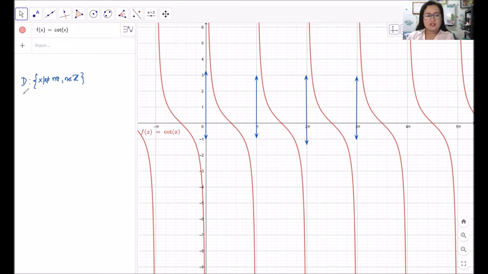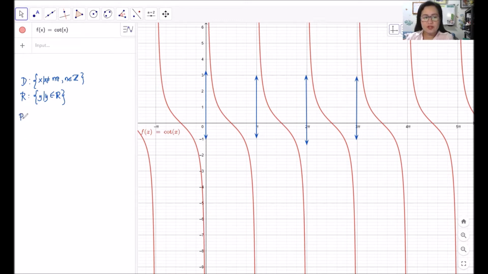Just like the tangent function, the range is the set of all y such that y is an element of the set of real numbers. The amplitude is also not defined since the highest value and the lowest value of the function cannot be determined.